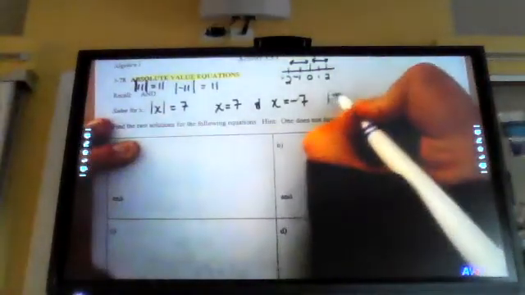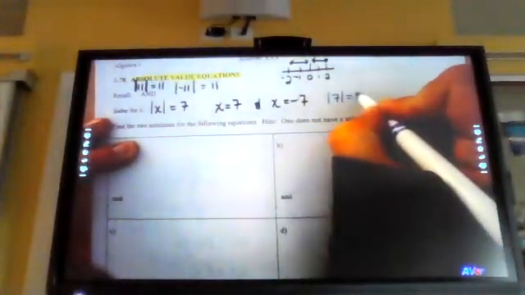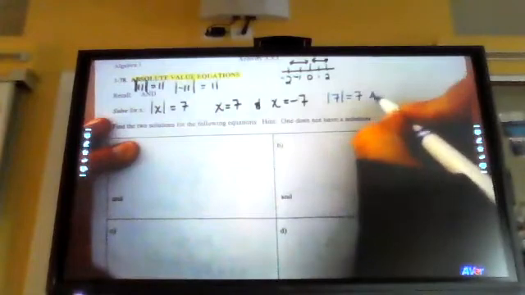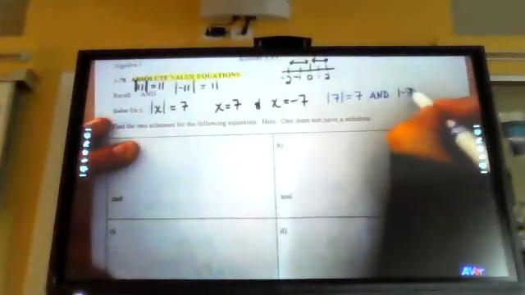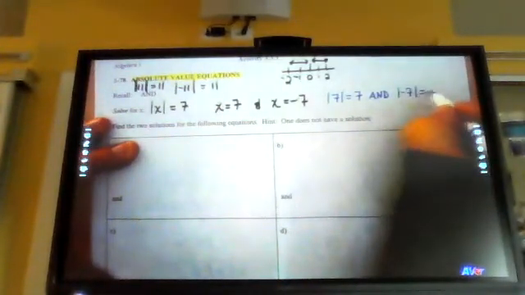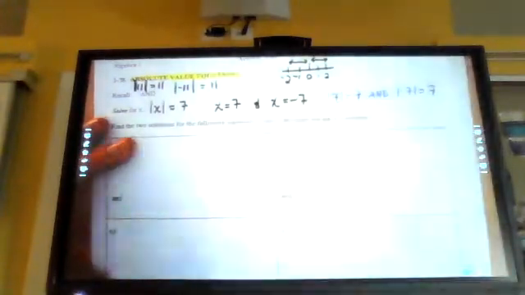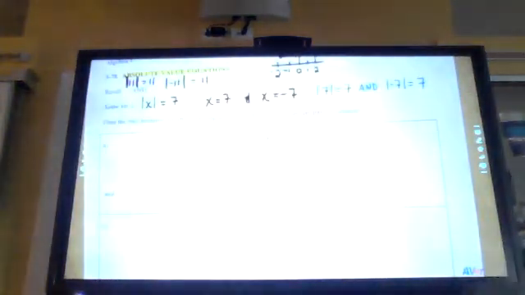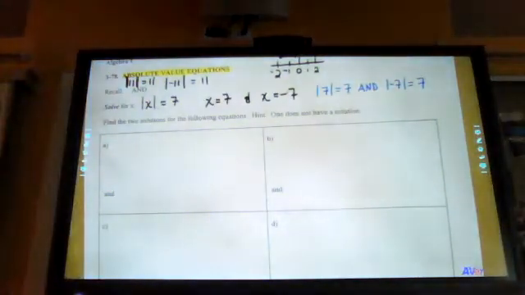So let's write that out. If I put 7 in for x, the absolute value of 7 is 7. And if I put negative 7 in for x, I still get 7. Notice there are 2 different answers here. Whenever you get an absolute value equation, you will always have 2 different answers.